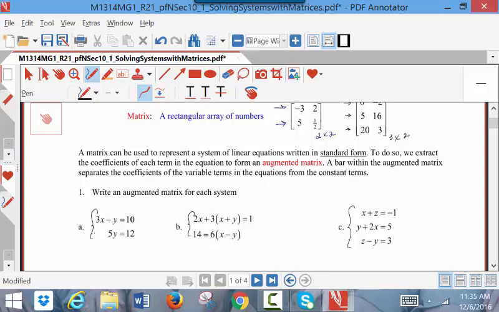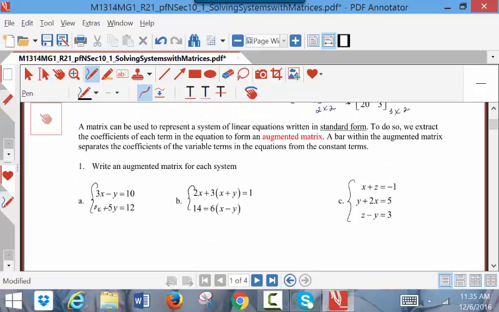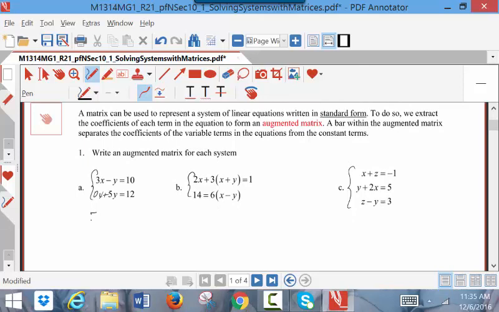So for example, in part A, we would want to put a 0x plus 5y equaling 12 in this example. I wrote that kind of small trying to fit it in there. But you would want to put a 0x plus the 5y equaling 12 so that you have every variable in the 2 equations. Then if you wrote it as a matrix, you would give your little square brackets, and you would put the coefficients and the constants in this matrix.